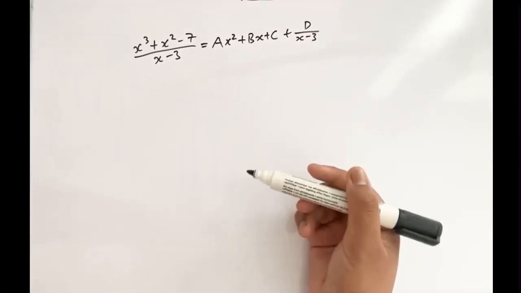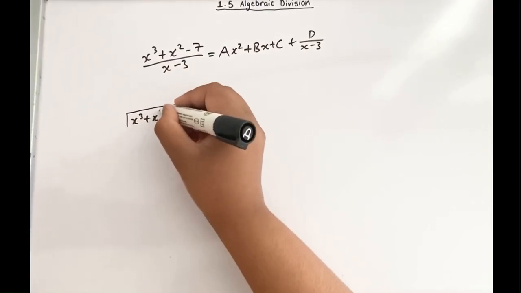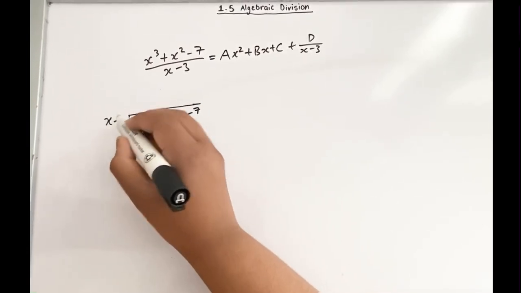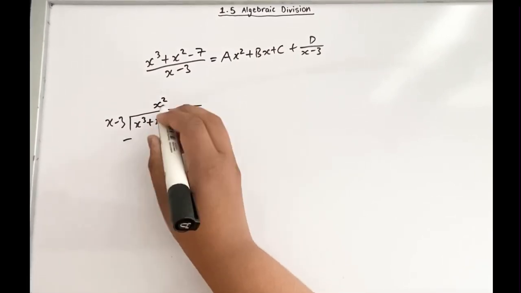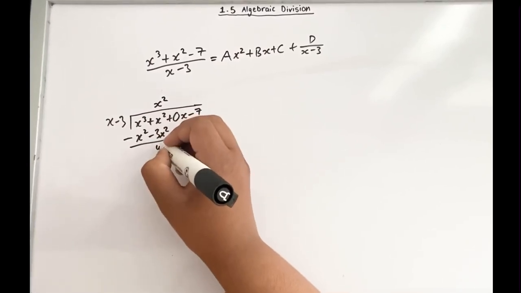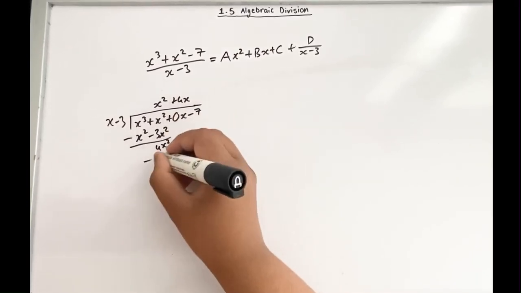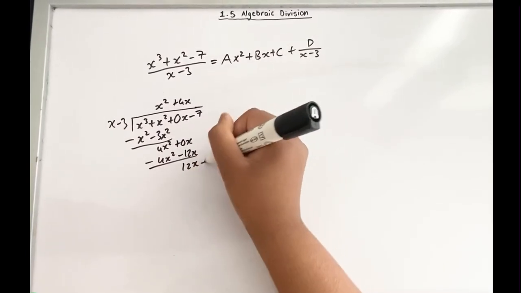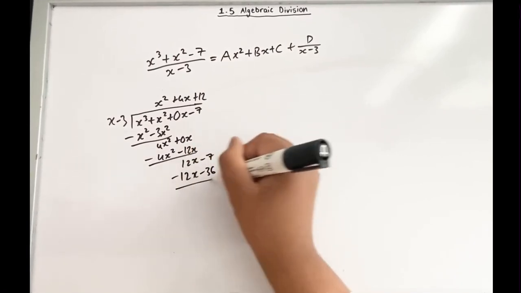Using the first method, we can just divide x cubed plus x squared plus 0x minus 7 by x minus 3. Divide x cubed by x, you get x squared, then minus x squared minus 3x squared, you get 4x squared plus 0x, so 4x minus 4x squared minus 12x, 12x minus 7 plus 12, minus 12x minus 36, you get 29.